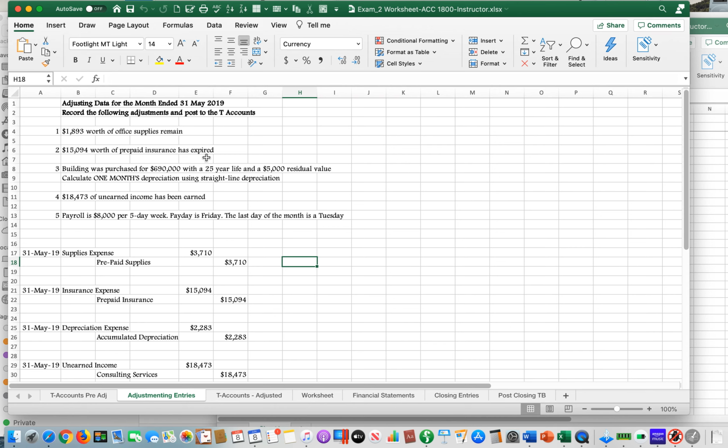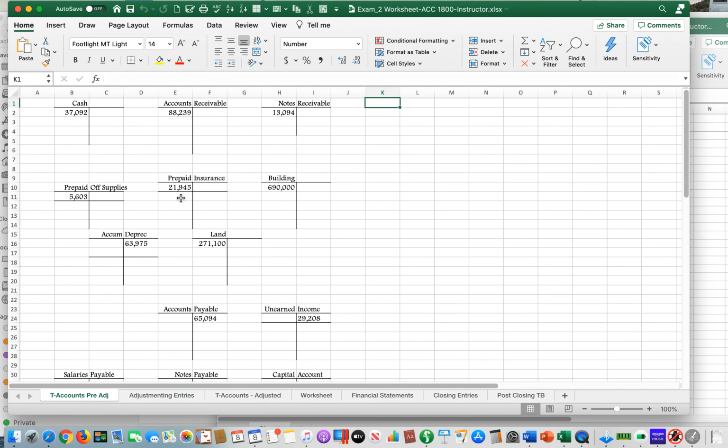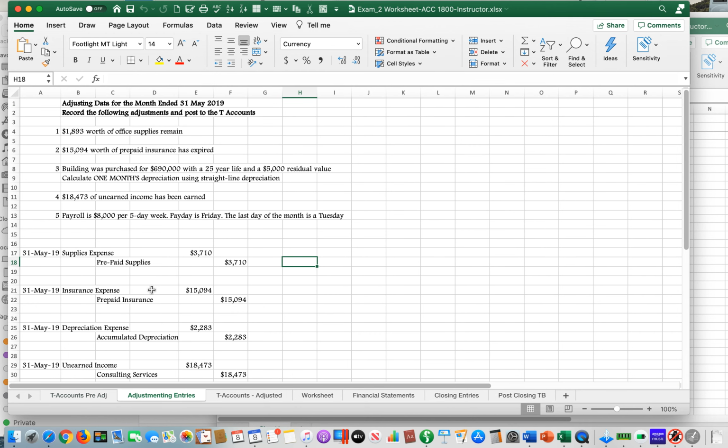Okay? Second entry, $15,094 worth of prepaid insurance has expired. Now we don't have to figure out how much was used. This tells you $15,094 worth of insurance was expired or used. So you debit insurance expense, you credit prepaid insurance. Let's go back. How much insurance was originally purchased? Let's go back to the original T accounts, and you see $21,945 worth of insurance was purchased, and this much was used, $15,094.